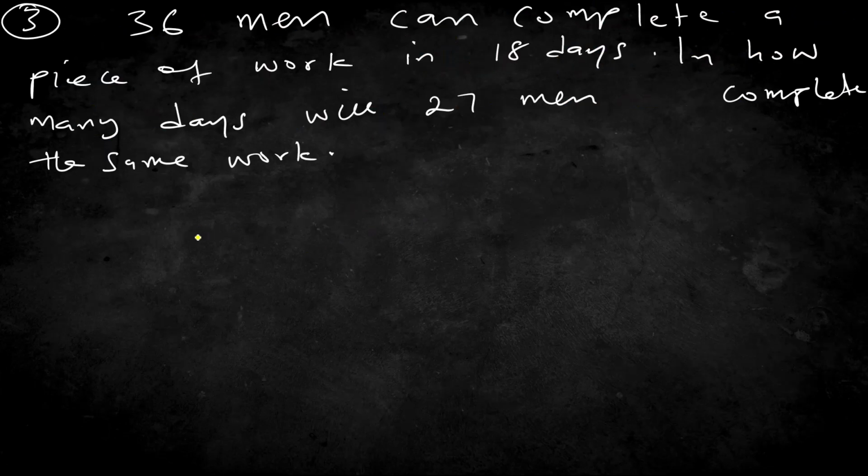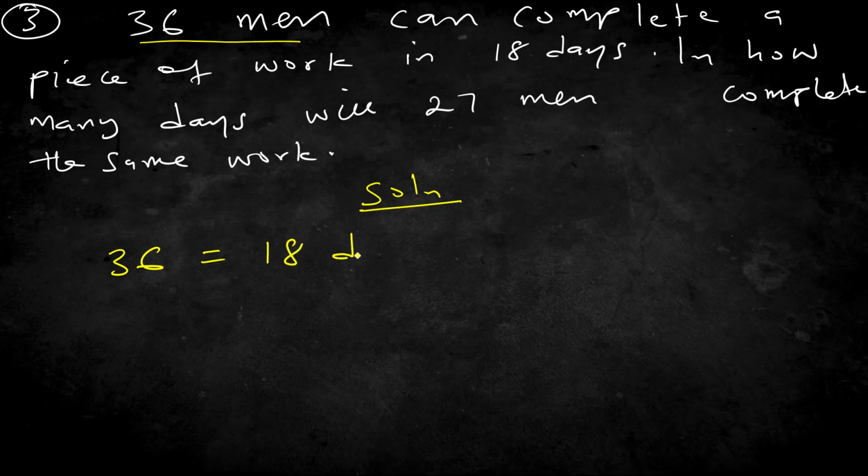All right, 36 men can complete a piece of work in 18 days. In how many days will 27 men complete the same work? This one is very simple. 36 men, men full of energy, can use 18 days to complete a piece of work.